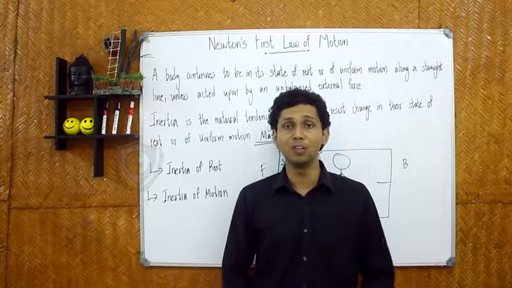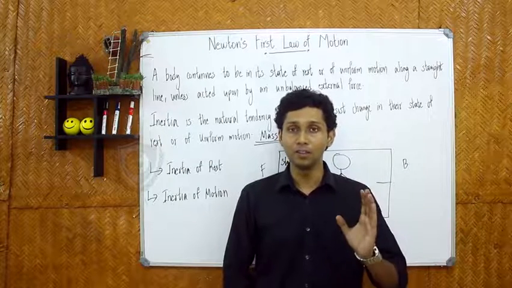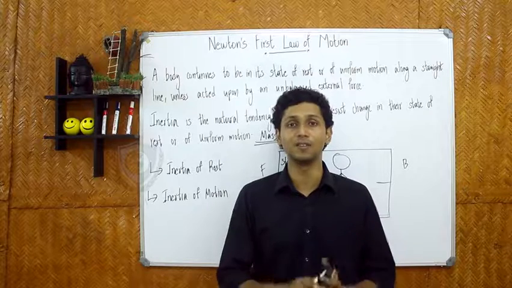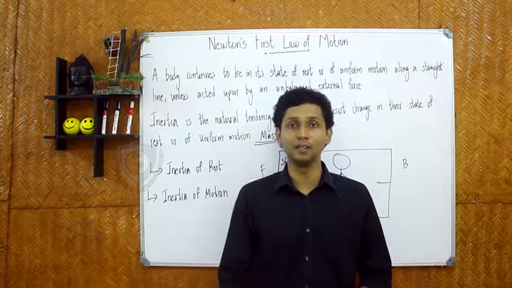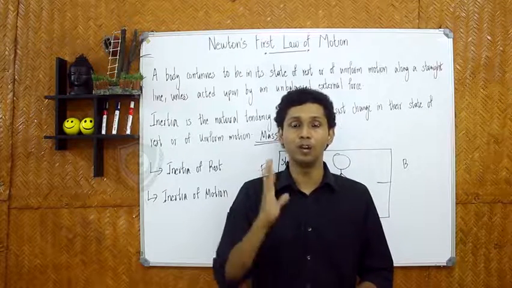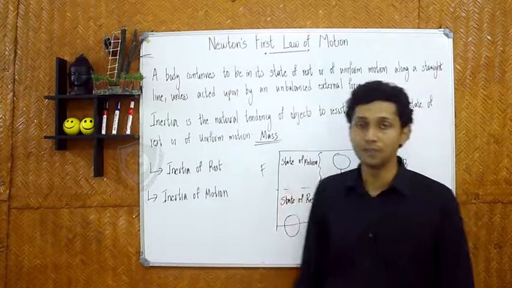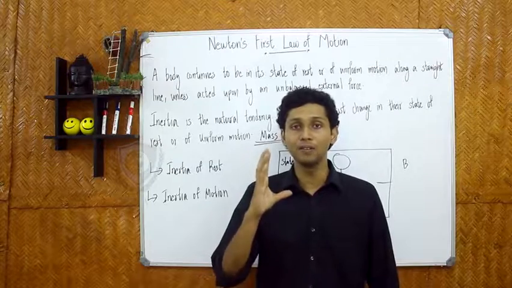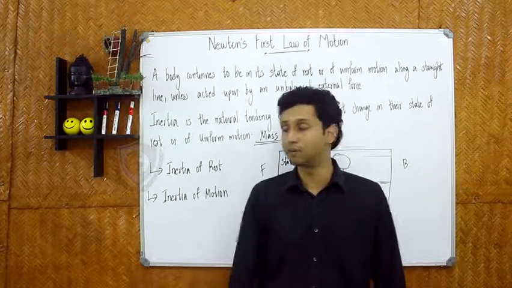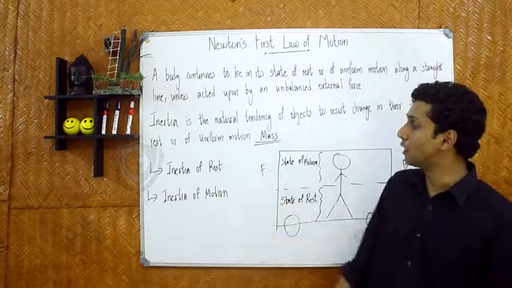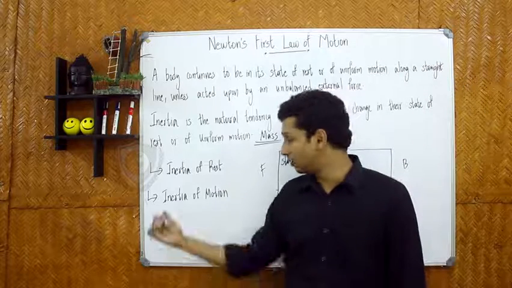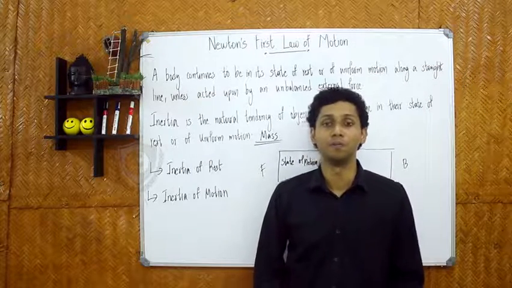Inertia is a natural tendency of any object, and due to this tendency, objects try to resist any change in their state. Basically, objects just want to continue with their original state. Inertia depends upon mass. When an object has higher mass, it offers more inertia. And we have seen two kinds of inertia: inertia of rest and inertia of motion.